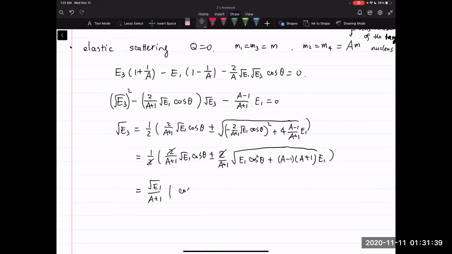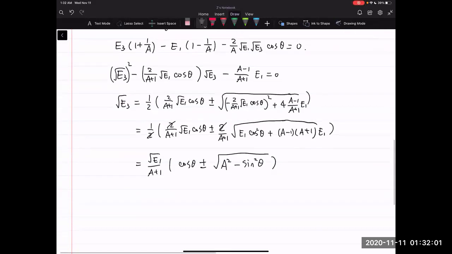The first term is cosine theta plus or minus the second term, A squared minus 1, where the minus 1 combined with cosine squared theta becomes sine squared theta. So this will be the square root of A squared minus sine squared theta. It's simple algebra. You can do it step by step.